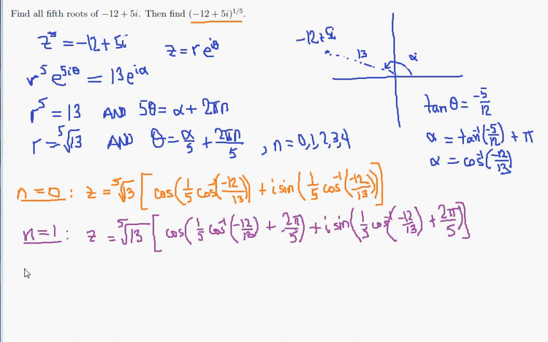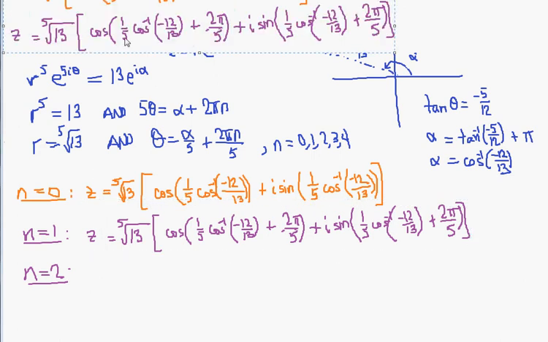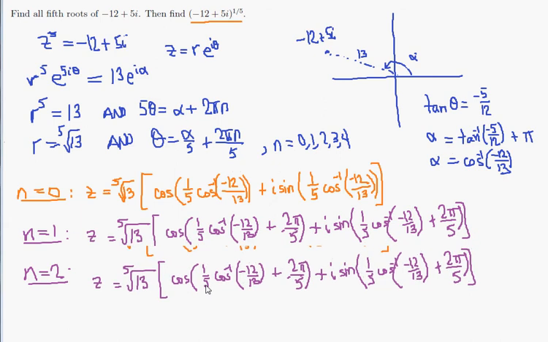The n equals 2 case and n equals 3 and n equals 4 will be very similar indeed. So let me just copy what we just did for the n equals 1 case. And of course the difference will be that because n is equal to 2 instead of n equals 1, we change the 2 pi in both places to 4 pi.